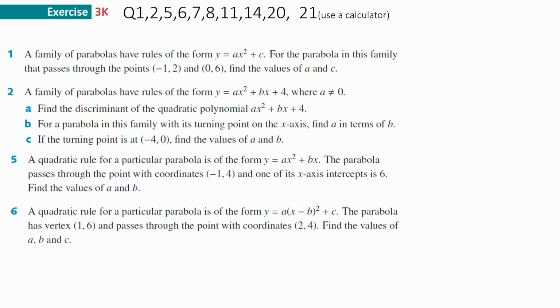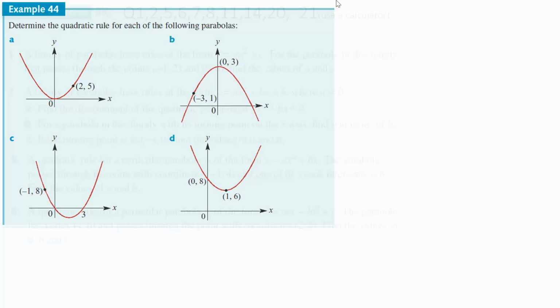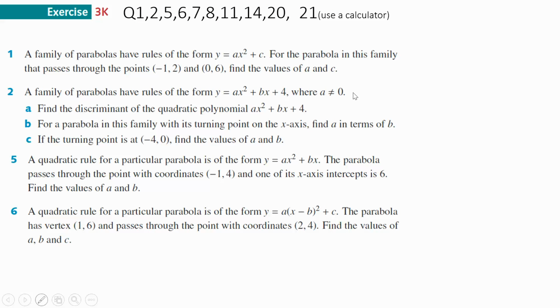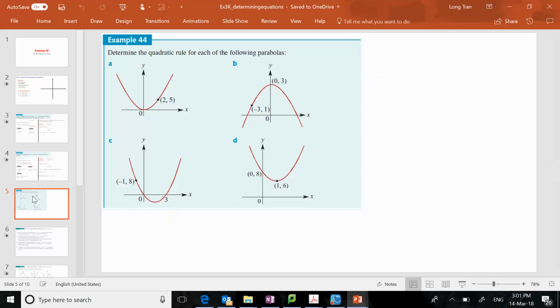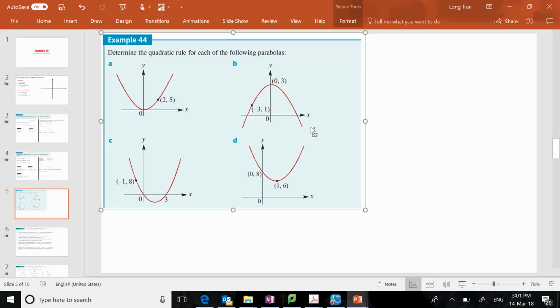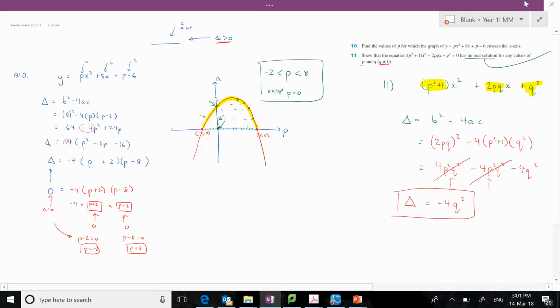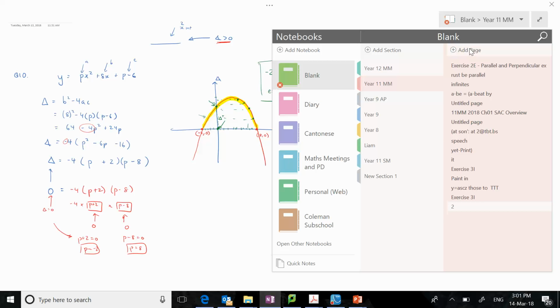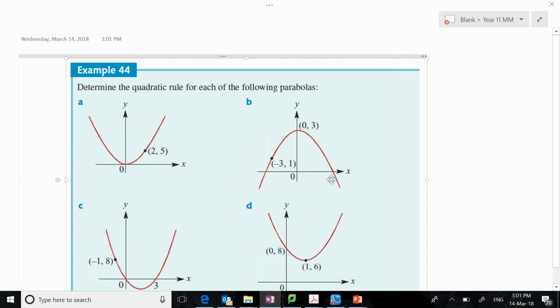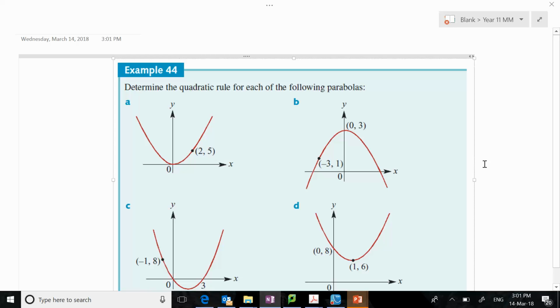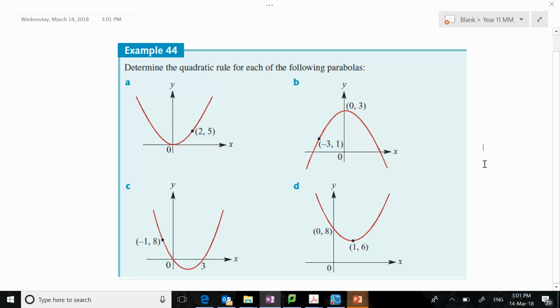Oh, I don't know why that's doing that. I'm just going to go back. So hard. It isn't hard. Do your work. That's it.